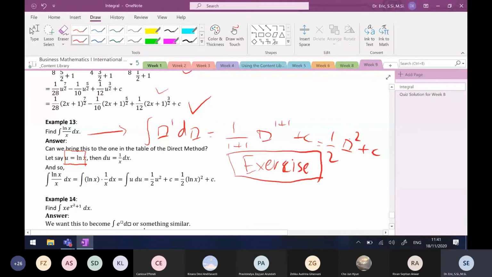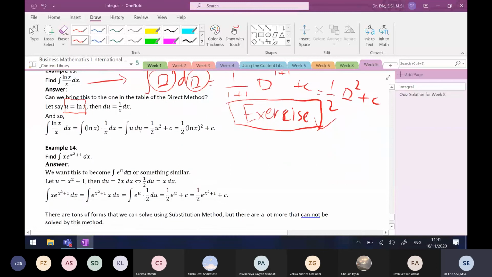Do all of the tutorial. Do the exercise to know what is the u, to know what is the box here. I'm sorry, but you have to do lots and lots of exercise. At minimum the tutorial, at minimum the homework that I have given you. You have to finish it.